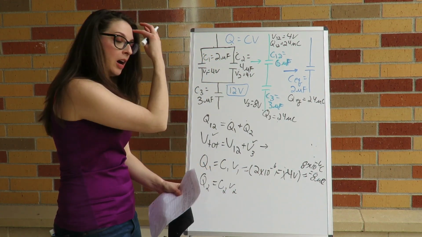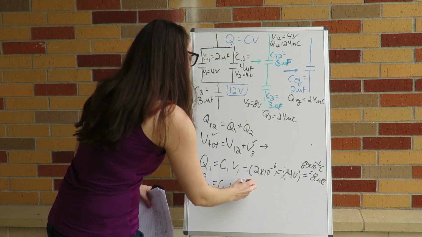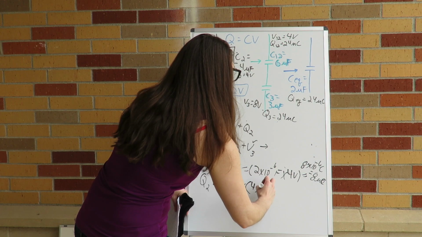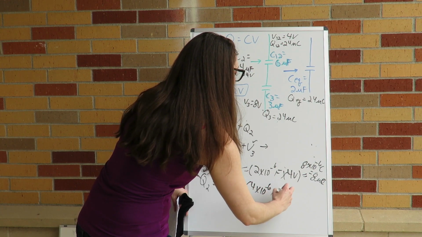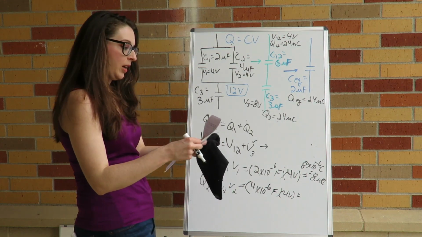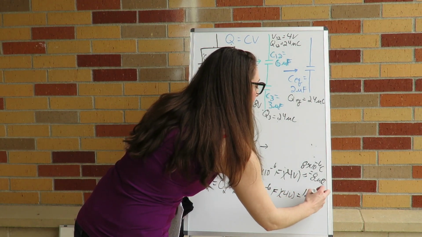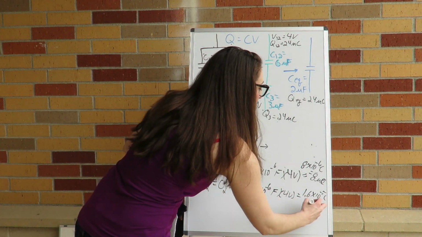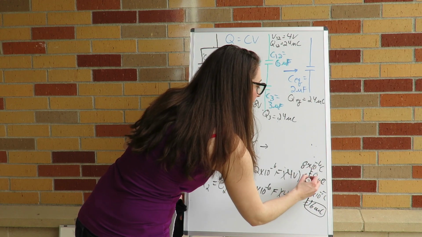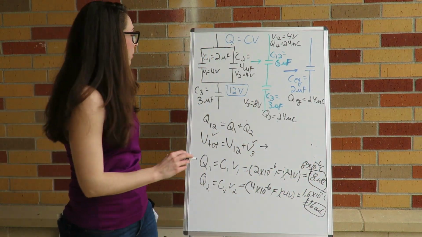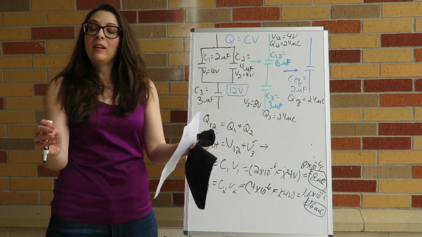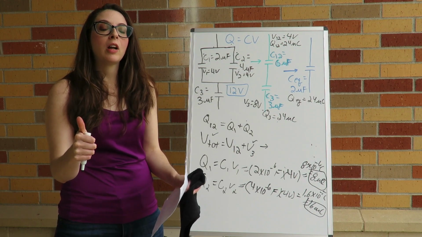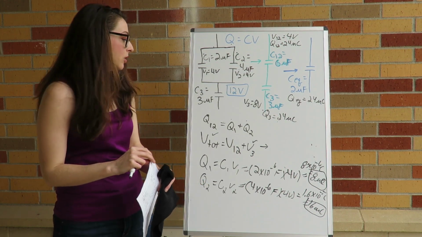And then for the charge on our second capacitor, we have that its capacitance is 4 times 10 to the minus 6 farads times 4 volts, and that is going to equal 1.6 times 10 to the minus 5 coulombs, which is also 16 microcoulombs. So then we finally found the potential difference across each of our capacitors and the charge across each of our capacitors too.